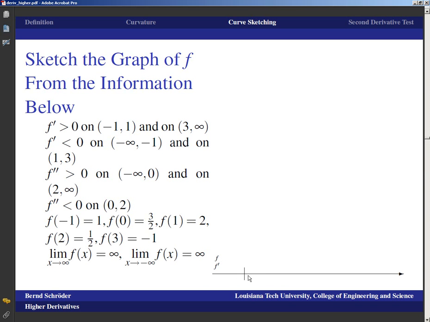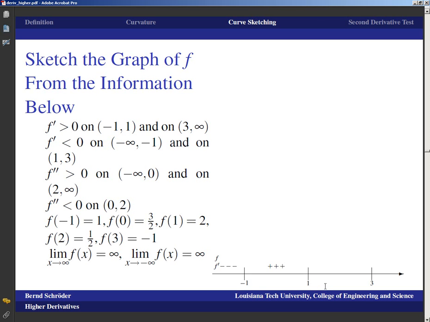So we know the derivative changes its behavior at -1, 1, and 3. And we know the derivative is negative here, coming from this line. The derivative is positive between -1 and 1.